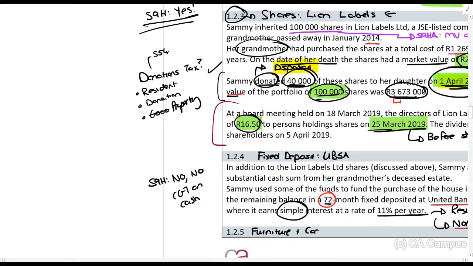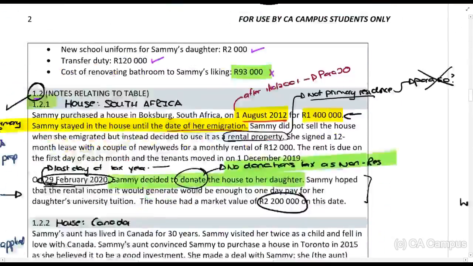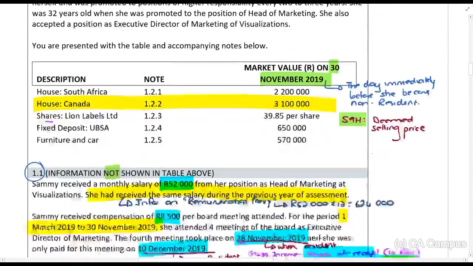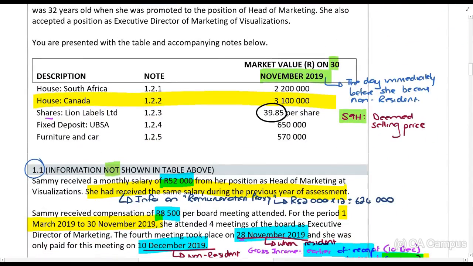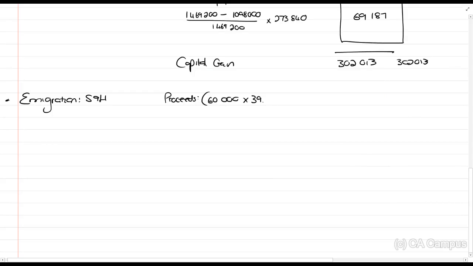On the 30th of November, the shares are worth R39.85 each. So that is our deemed selling price. Right, so 2391.